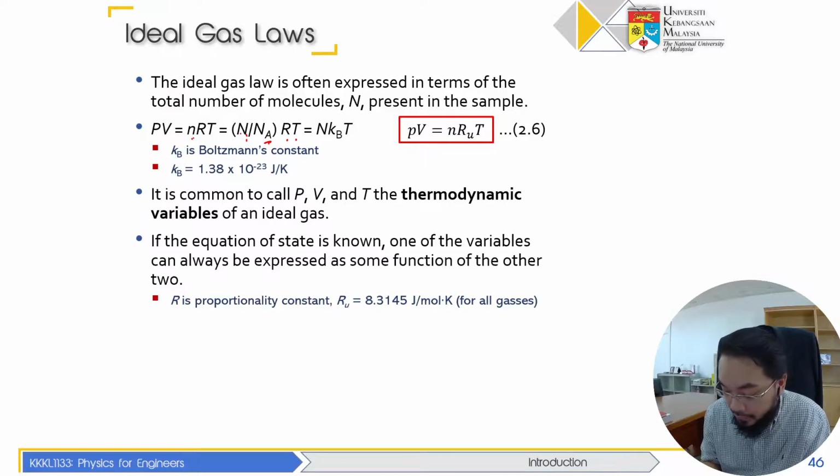So we have this equation. This equation 2.6 is the single most important equation to describe the ideal gas law.